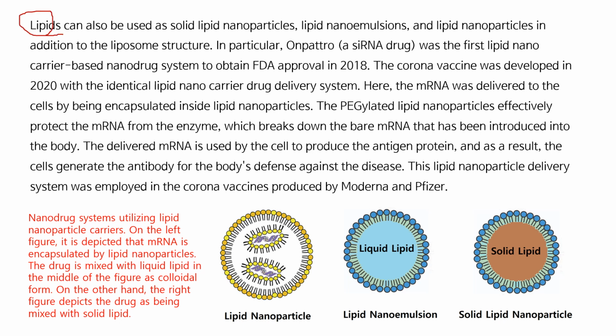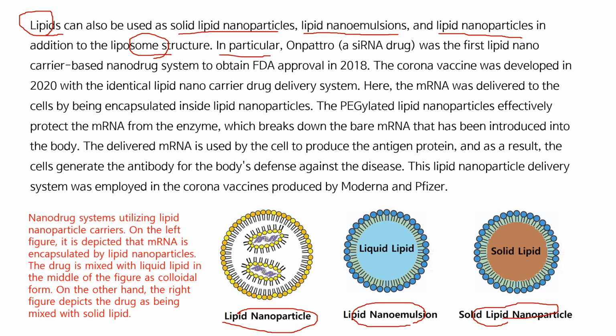Lipids can also be used as solid lipid nanoparticles, lipid nanoemulsions, and lipid nanoparticles, in addition to the liposome structure. So we can construct nanocarriers using lipids, lipid nanoparticle, lipid nanoemulsion, or solid lipid nanoparticles.